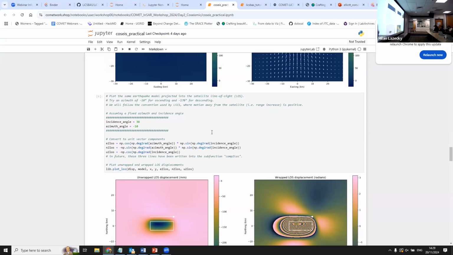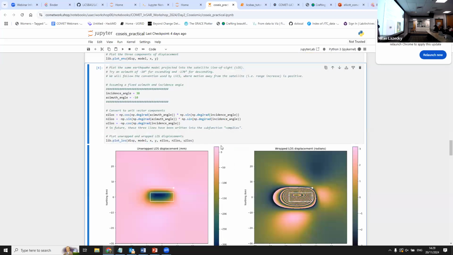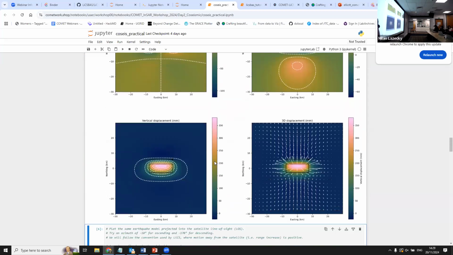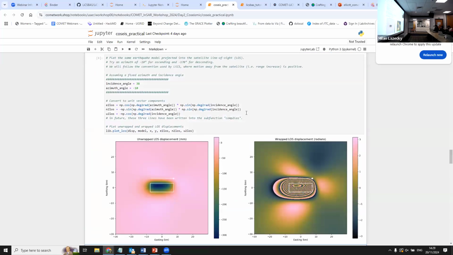Whatever fault you put in the one above, we're going to convert that into line of sight. At the moment we've got the ascending, and we've got that ambiguity: we don't know whether something's moving westward or going up. We only know that there's been movement towards the satellite, and that's why the lobes are being forced in a westward direction.